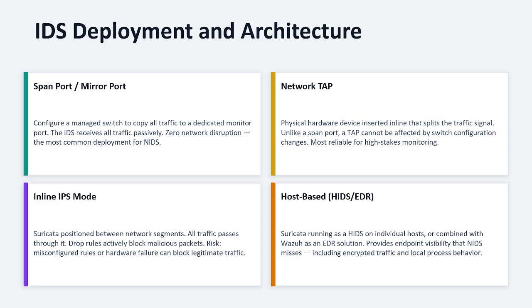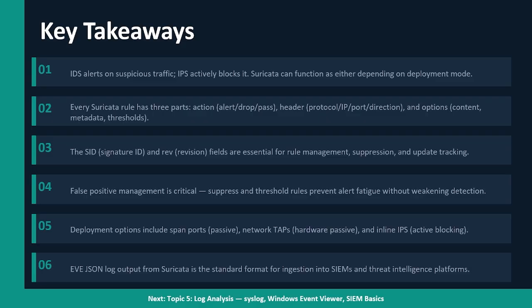There's an inline IPS mode, and there's also host-based. So there's several ways of doing it. I will say that running it on a host and just having a copy of all that traffic being sent to that host, or having it run on a firewall, is probably a lot more common, but there are various other ways of doing that.